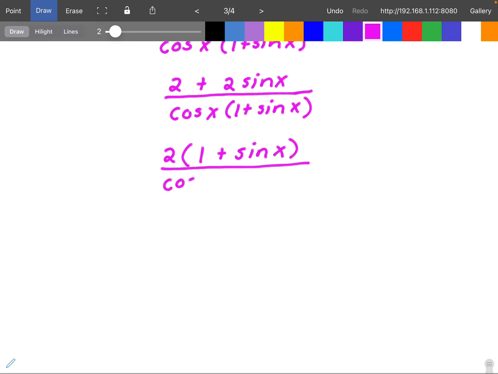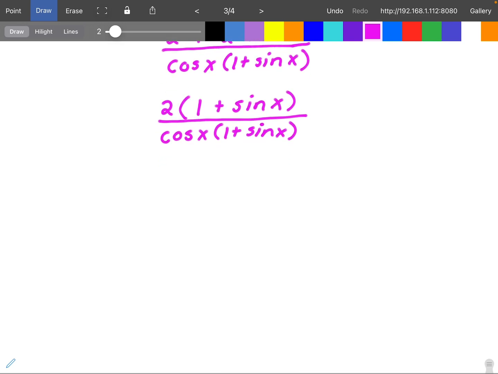So keep my denominator the same, cosine x times 1 plus sine x. And now I have the same thing on top and bottom, exactly the same factor, which means the 1 plus sine x here can cancel with the 1 plus sine x here. And that gives me 2 over cosine x.